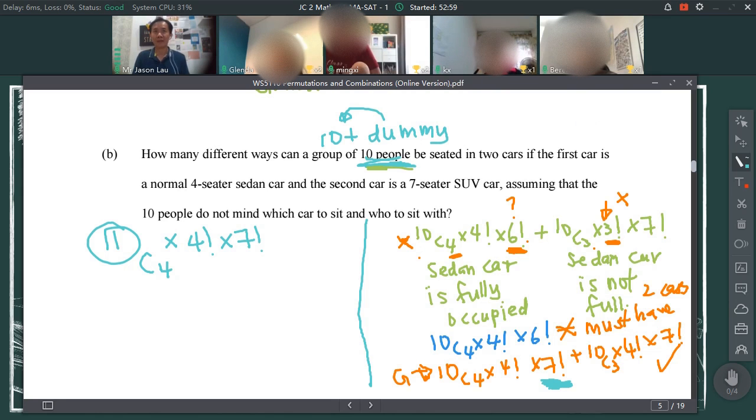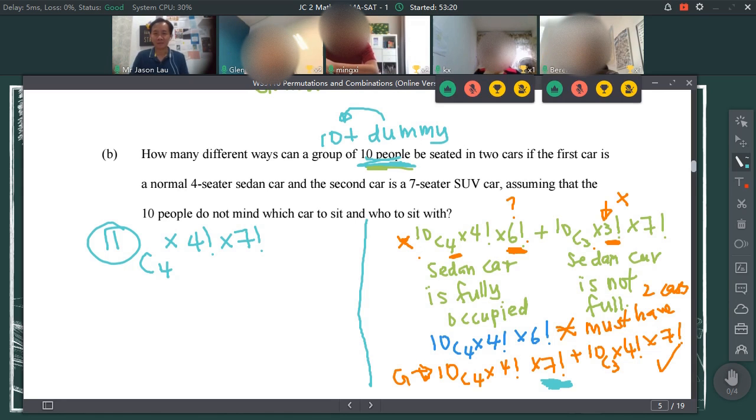You just treat another person as not there, so whoever is in the seat will be the dummy. The empty seat is actually basically another person, the 11th person. This is only one empty seat, right?